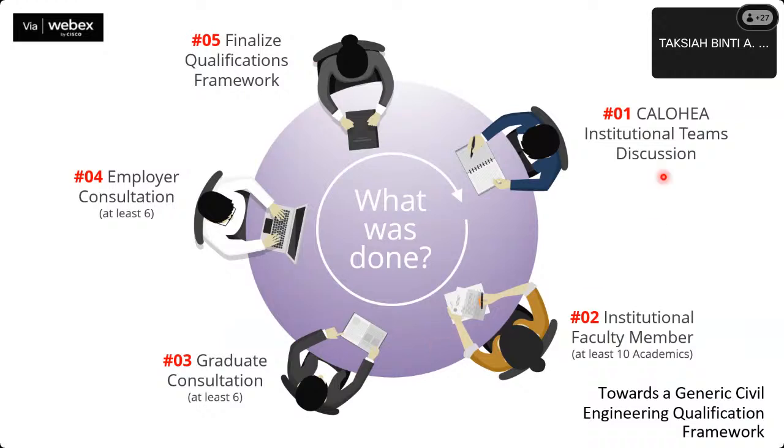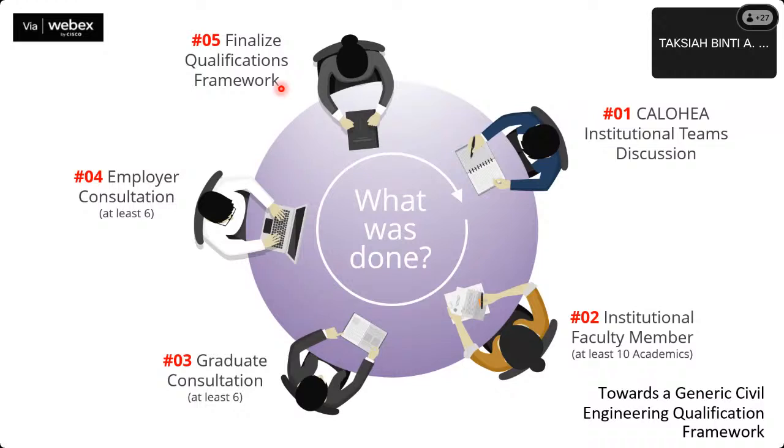So these are the stages involved. Of course, as an institution, we need internal discussion among the teams, and then we have institutional faculty members. We also do some consultation with our graduates or alumni, and then we also engage with the employers for a consultation session. And finally, we finalize our qualification framework.